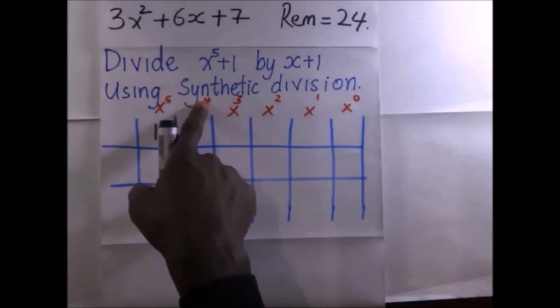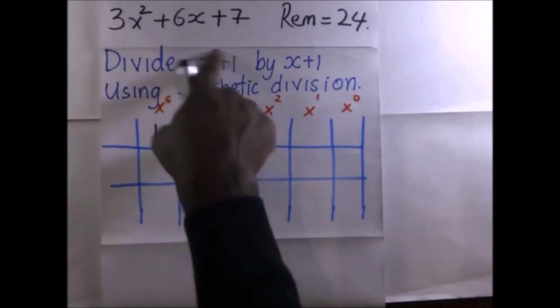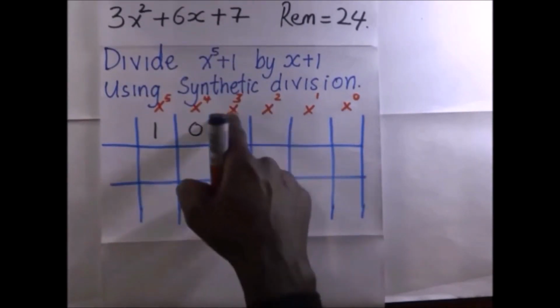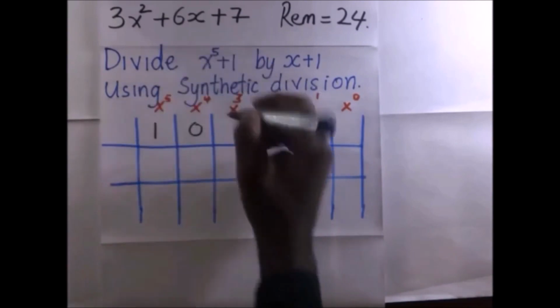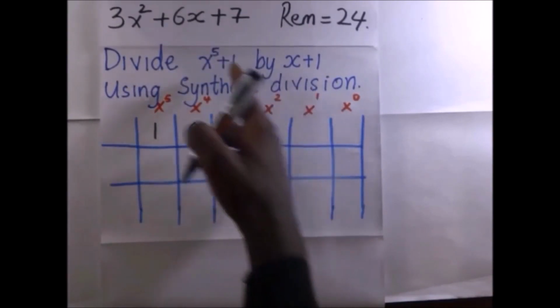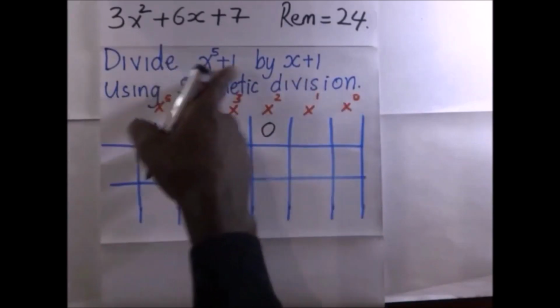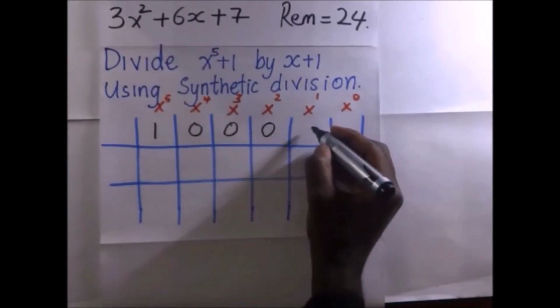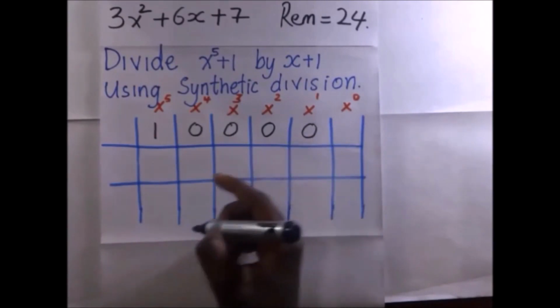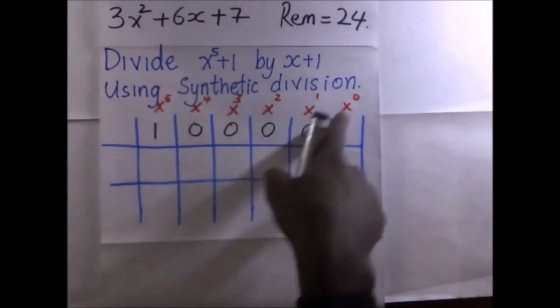x to the power 4, we do not have x to the power 4 in this, so it is 0. x to the power 3, we do not have x to the power 3 here. x to the power 2, we have nothing like x to the power 2. x to the power 1, we have nothing like x to the power 1. Then x to the power 0, any number to the power 0 is 1.